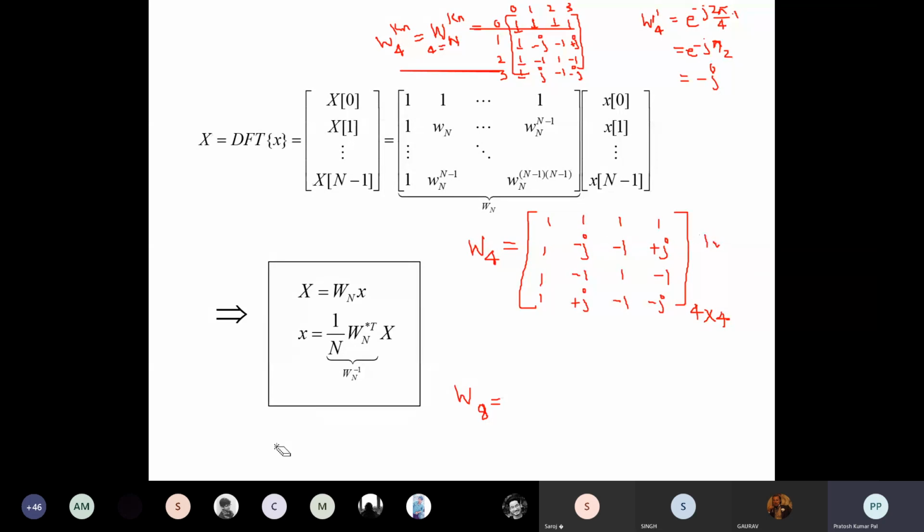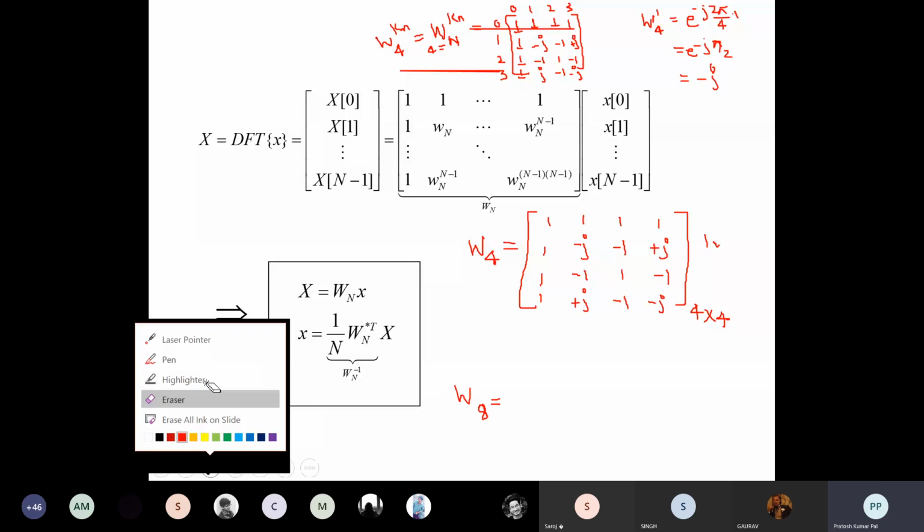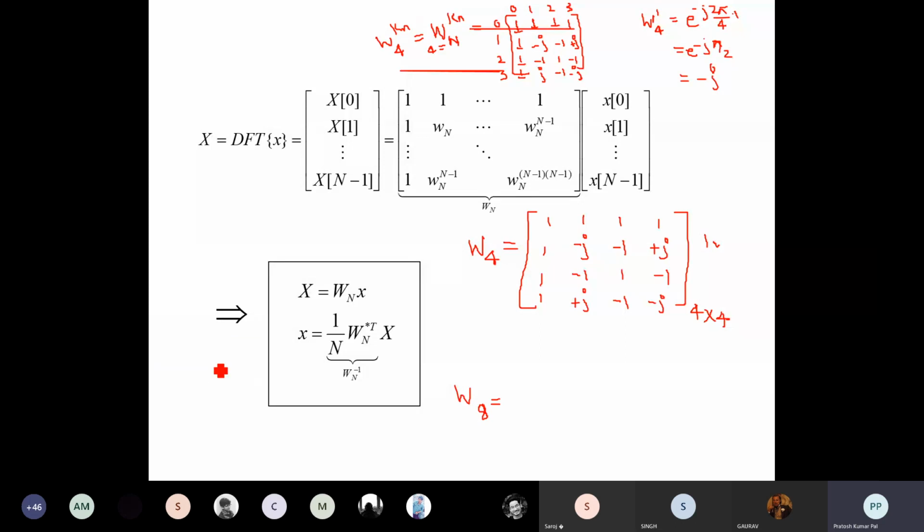On the basis of that one, we will find out the twiddle factor and apply the same thing for the matrix. So this will be used again and again.